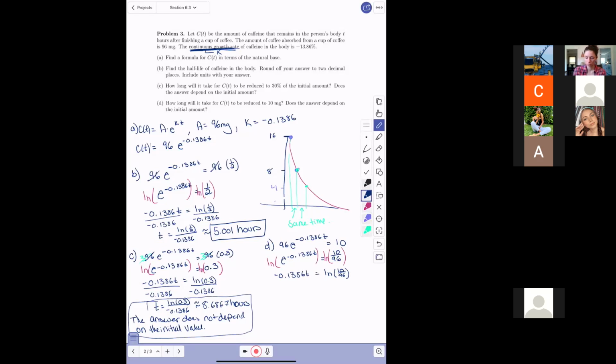Divide both sides by negative 0.1386. Good. So t is equal to the natural log of 10 divided by 96, all divided by negative 0.1386.